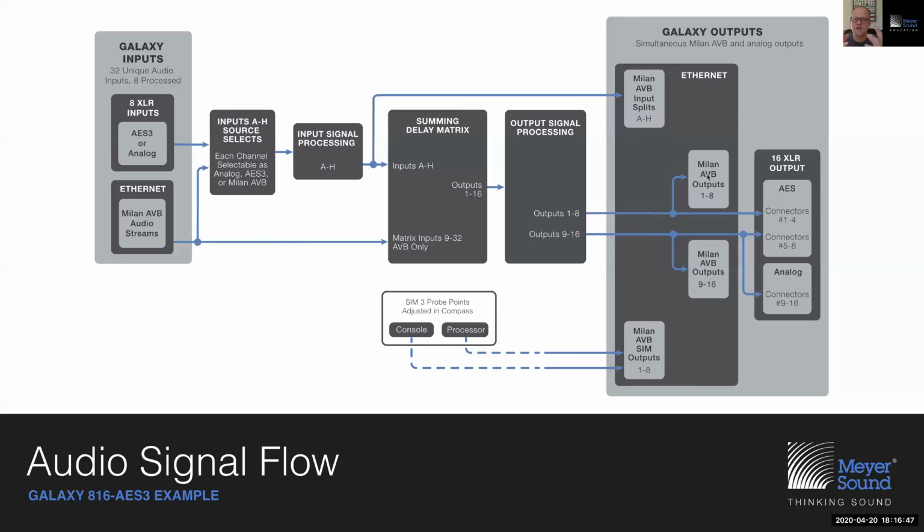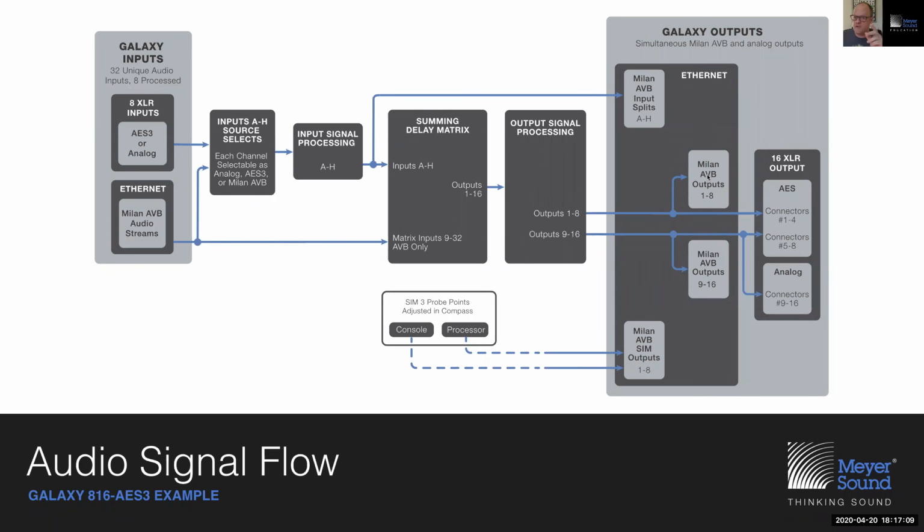So that is in a nutshell the signal flow within a Galaxy device, and it's the same for an 816 or 408, except that the 408 has fewer physical inputs and outputs, as we already discussed previously. So that is our audio signal flow.